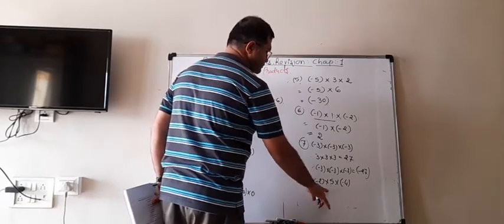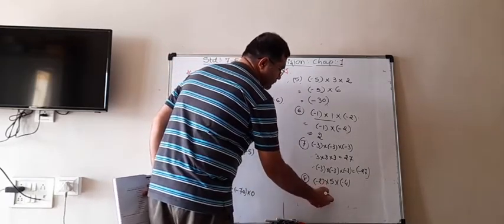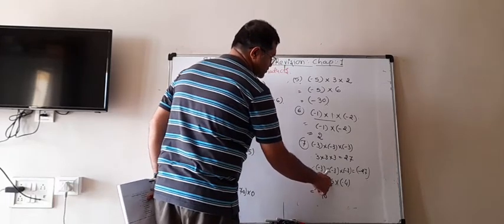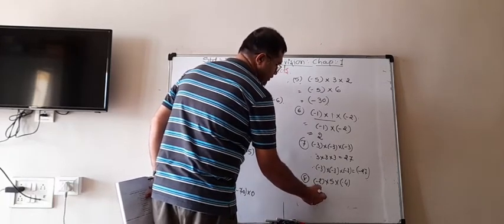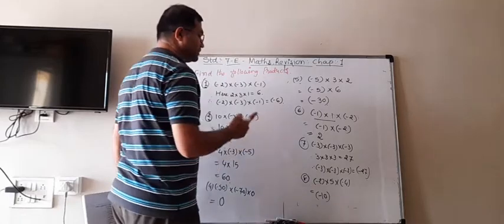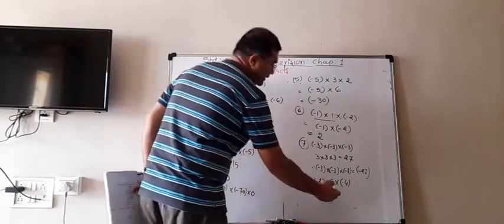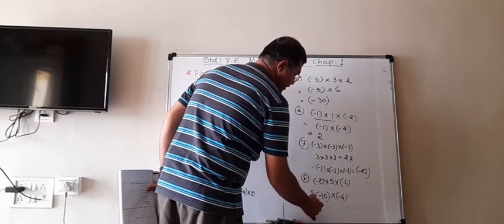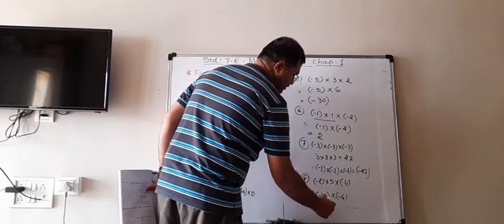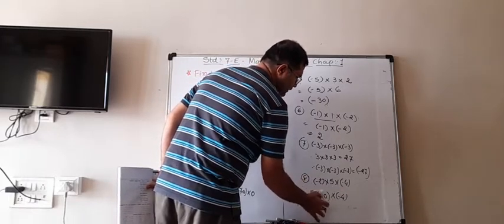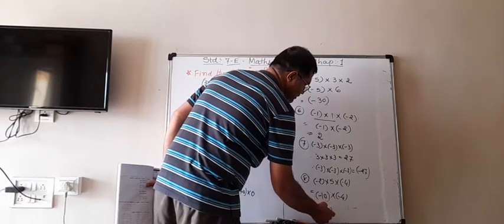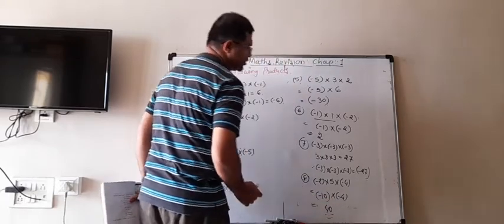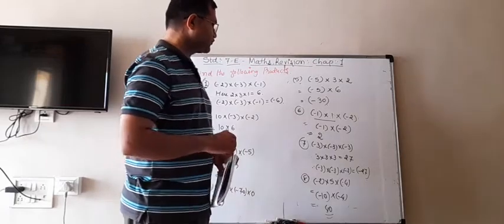Minus 2 fives are 5 twos are 10, but one is negative, one is positive, so the answer is negative. So minus 10 multiplied by minus 4. Now 10 fours are 40 and negative negative becomes positive. So your answer is 40.